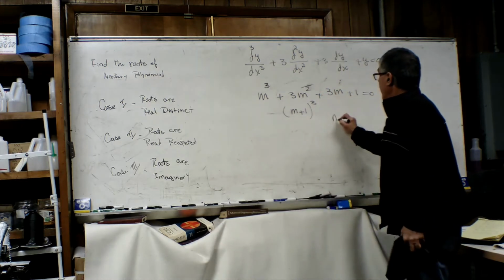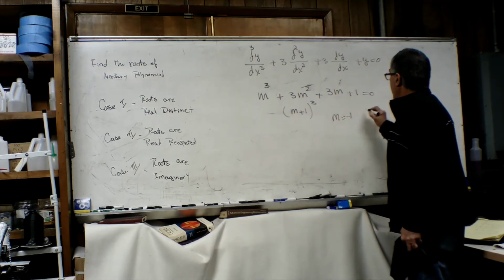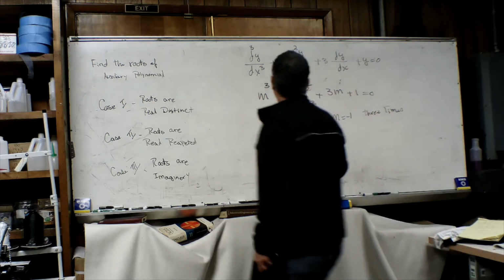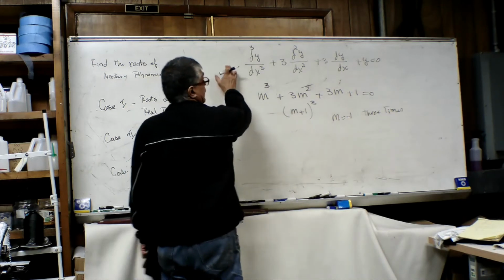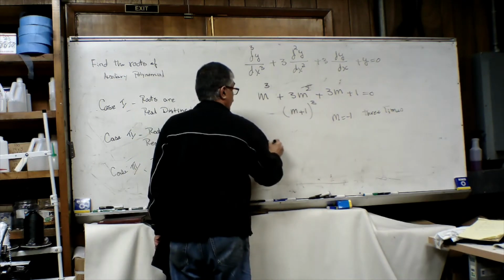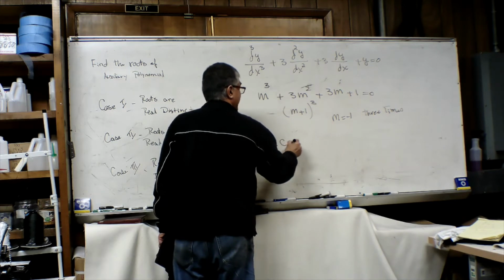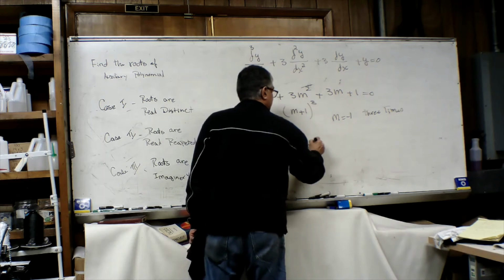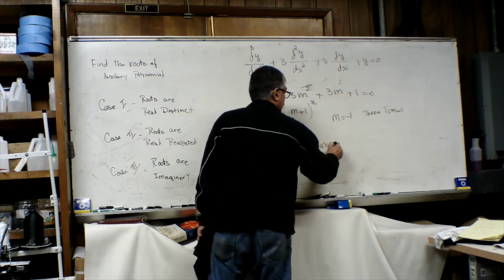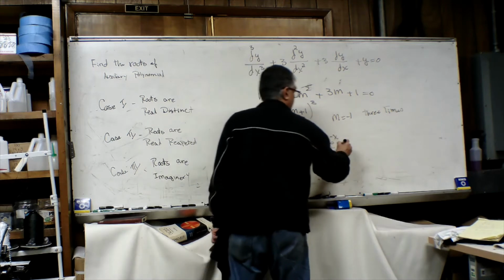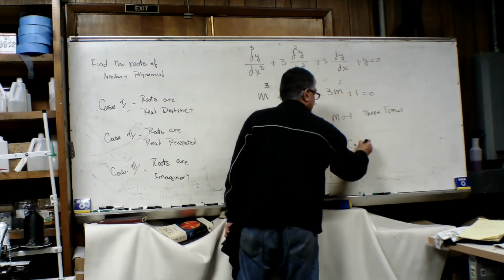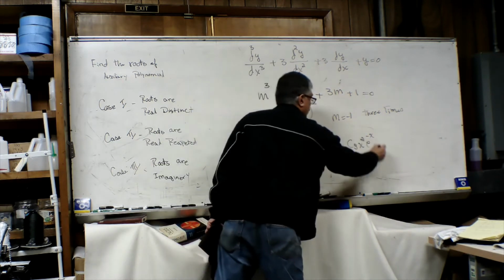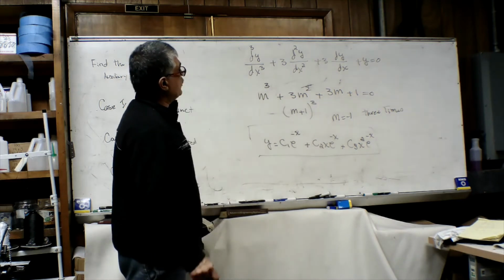So our root m is equal to minus 1, 3 times. So the general solution for this differential equation will be y equal to c1 e to the power minus x plus c2 x e to the power minus x plus c3 x squared e to the power minus x. So this is the general solution for this differential equation.